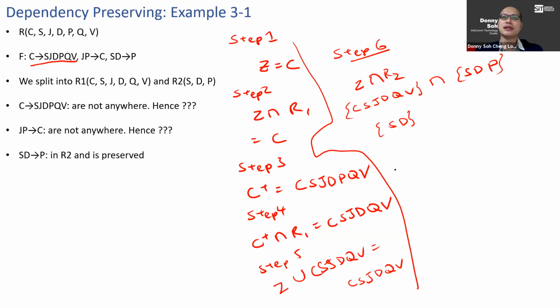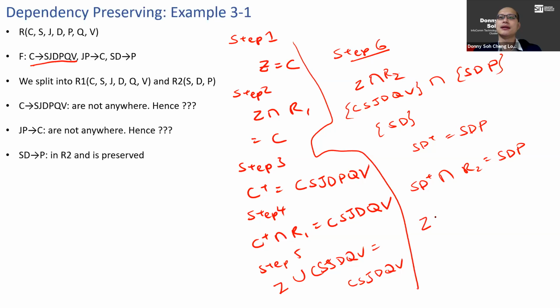Then the next step is I find the closure of S and D. S and D closure equals to SDP because of this. And then I intersect SDP with R2, and this will give me SDP.